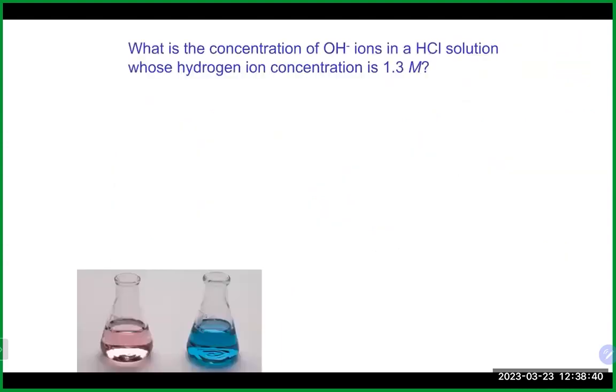All right, so let's try one here. What is the concentration of hydroxide in an HCl solution that has a hydrogen concentration of 1.3 molar? Okay, let's take a look. So here we would use Kw, which is our H plus concentration times our OH minus concentration, and equals 1 times 10 to the minus 14.